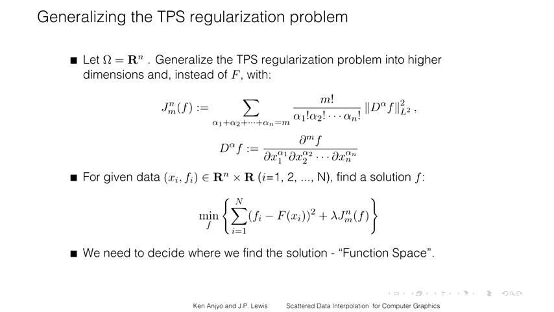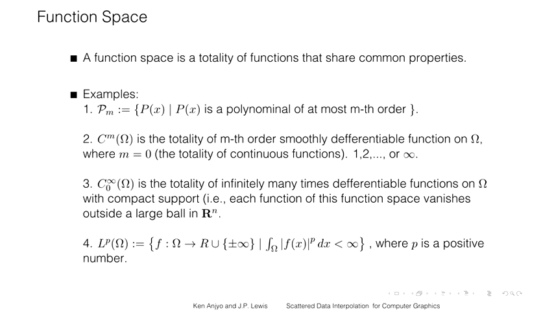Then we need to find a space where we can get the solution through functional analysis. So first, I would briefly say something about function spaces. A function space simply means a totality of functions that share common properties. We have many examples.